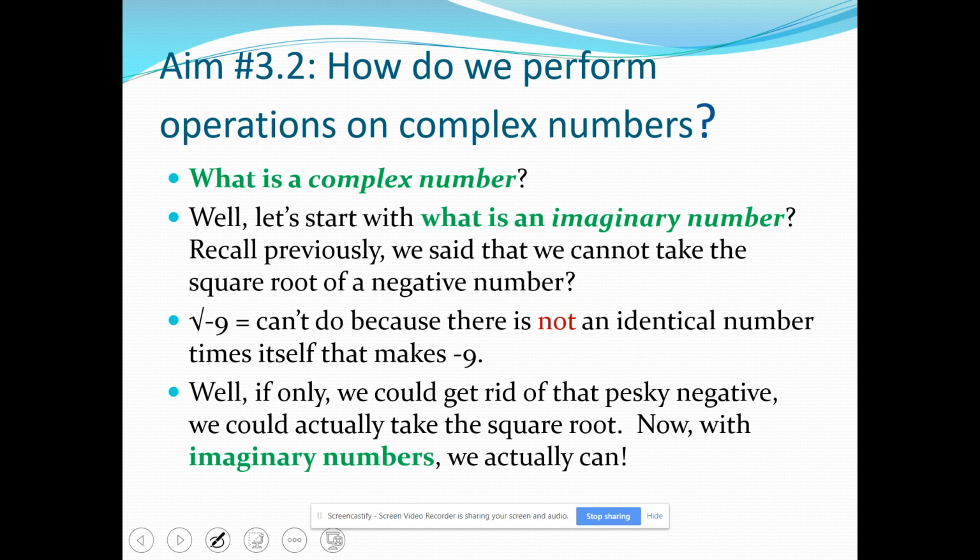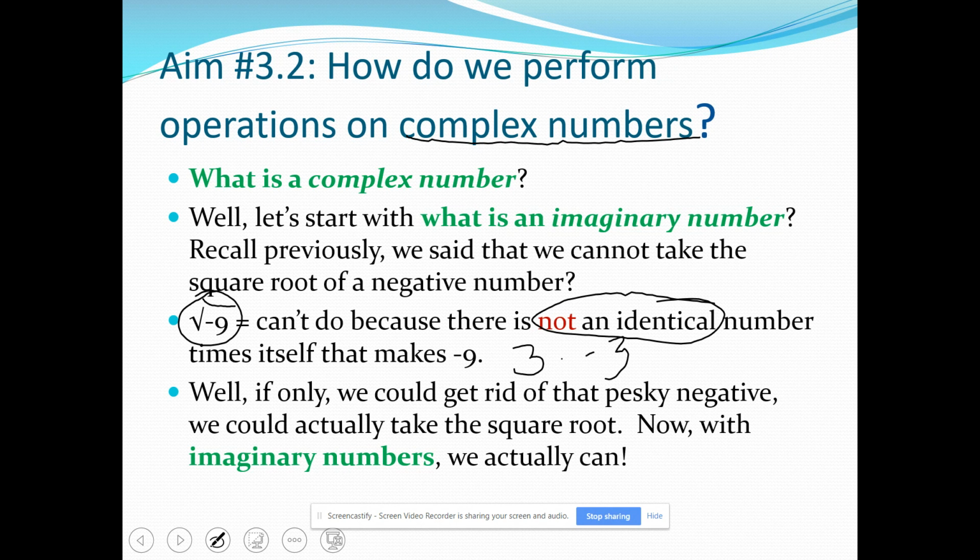And welcome back, everybody. Before we get into solving quadratic functions, we're going to talk about something called complex numbers and the imaginary number. So we said before that if we have an even root, like the square root of -9, we can't do that because the only way to get a -9 is a +3 times a -3, and those are not identical.